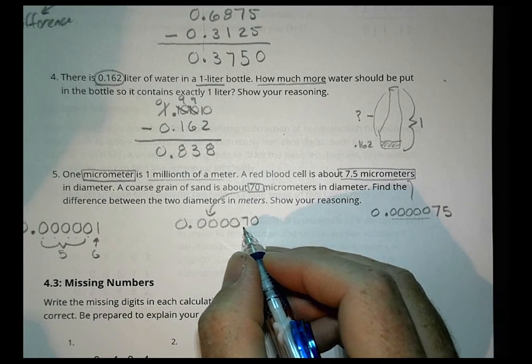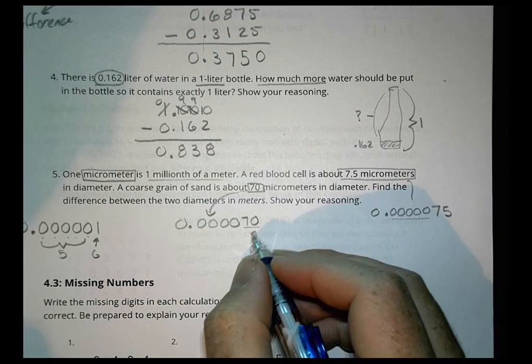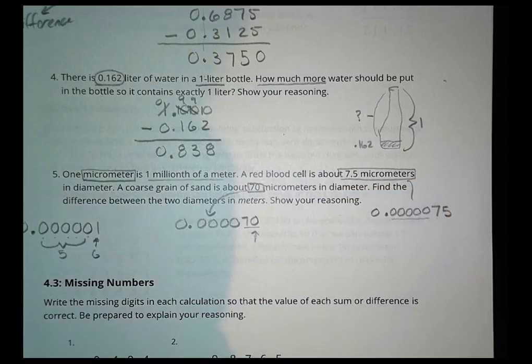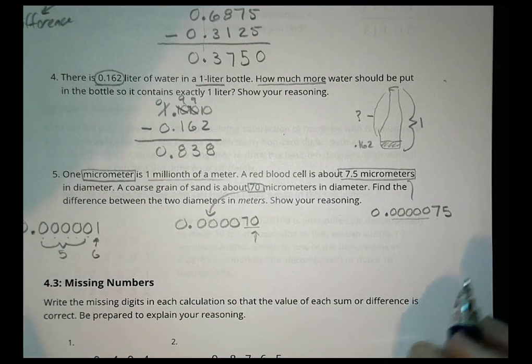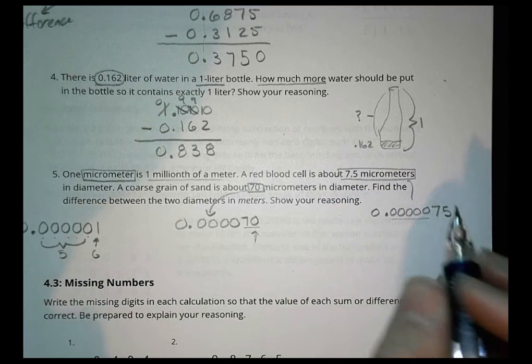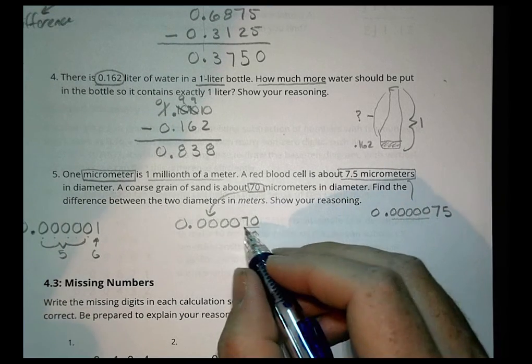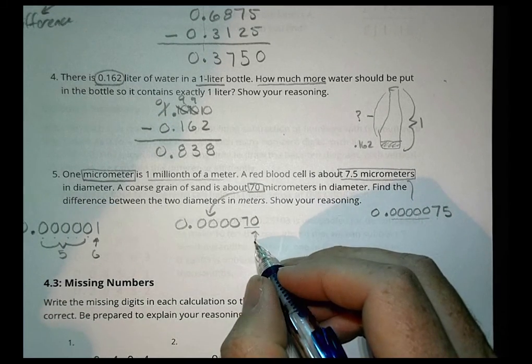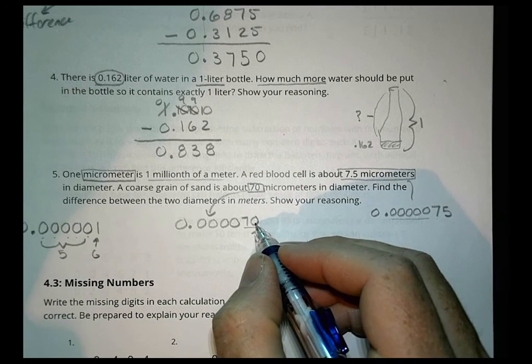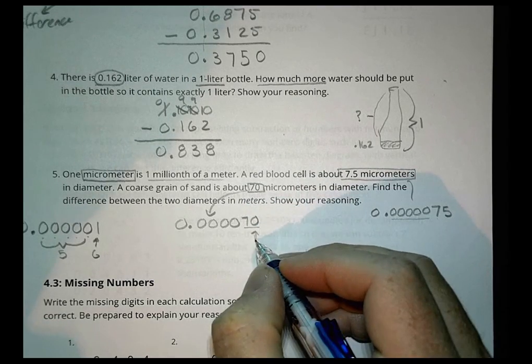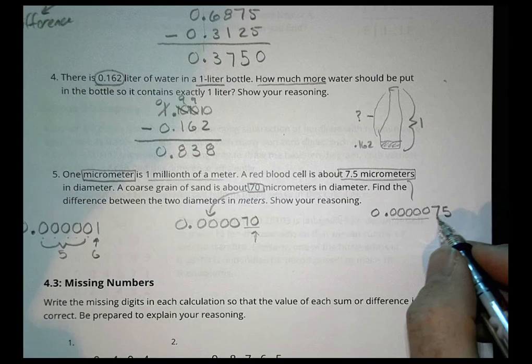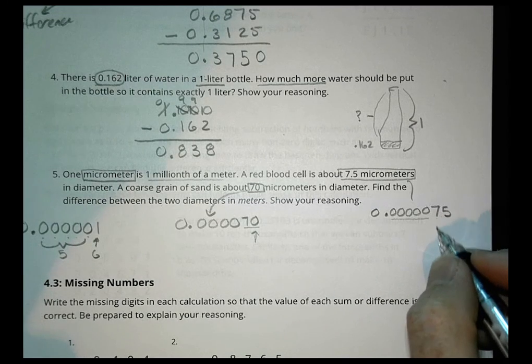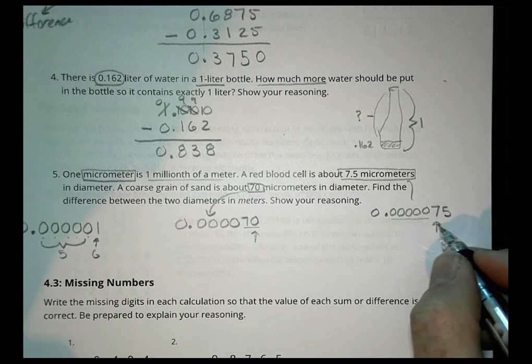That's my 70, as I read it, into the micrometer spot there. So it might be a little tricky to figure out how you write that out, but that's the way that's done. Okay, so that's 70 micrometers because it's 70 millionth. That's how you would read that here. Whereas this is actually 7.5 millionth because we're reading it from that space there.